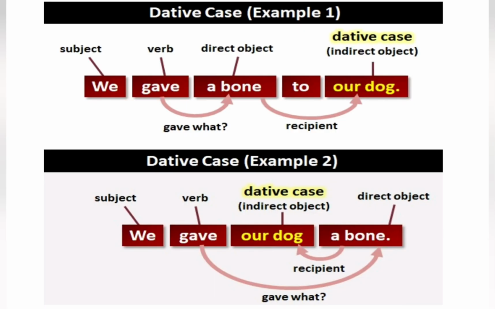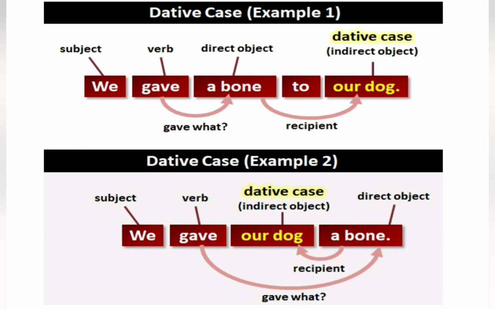Take a look at the given examples. We gave a bone to our dog. Here, we is the subject and gave is the verb. When we ask gave what, we get the answer a bone.